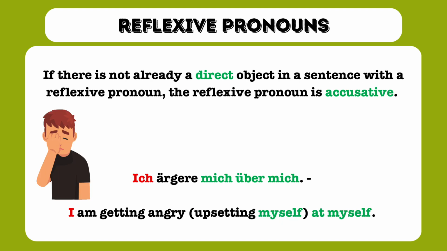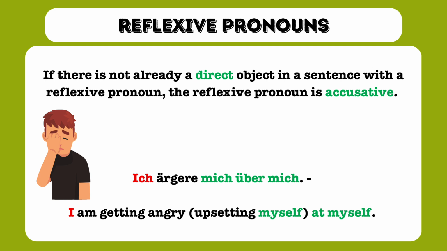Let's take a look at a few examples of how this works in action and start to figure out when we use the accusative case and when we use the dative. Here are a few examples of how you can use it as the accusative case. This basically means that there is not already an accusative object in the sentence. There is not already a direct object, and that means that we have to be using the reflexive pronoun as the direct object. For example, ich ärgere mich über mich.